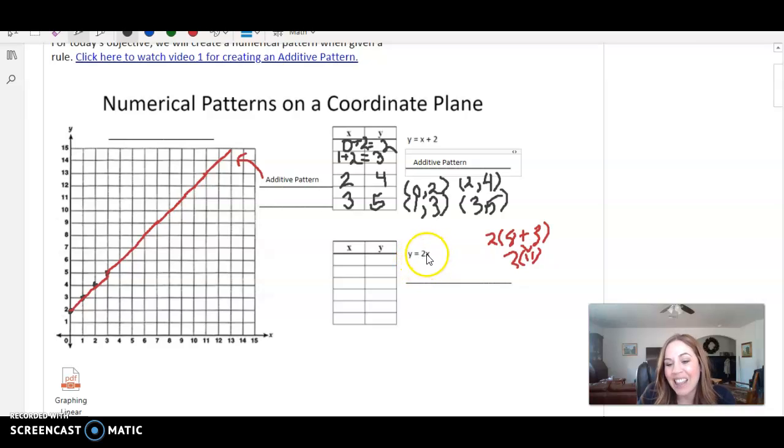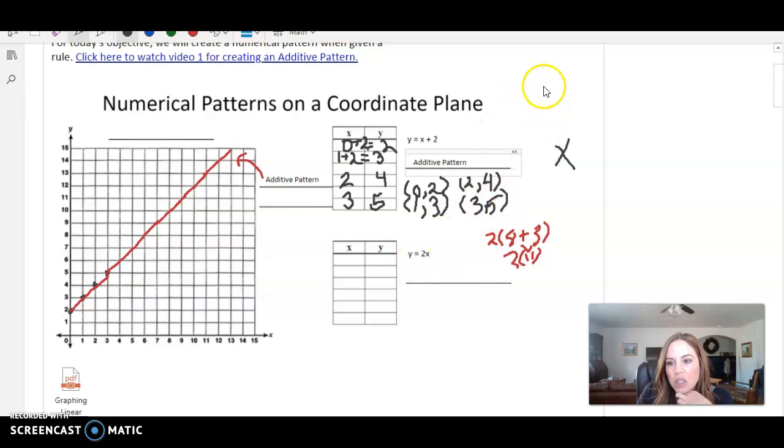Remember how I said that mathematicians love to use the letter x for a variable, and so that's why we have stopped using x to mean multiplication? So here, the x doesn't mean multiplication. The very idea that the 2 and the x are together without an operation in between them means multiplication.